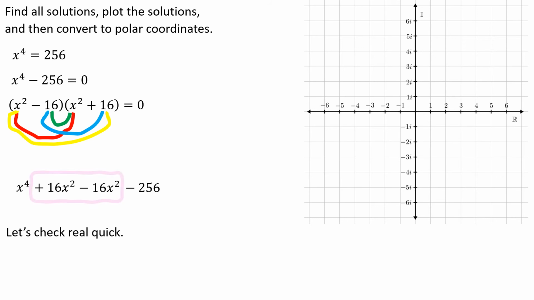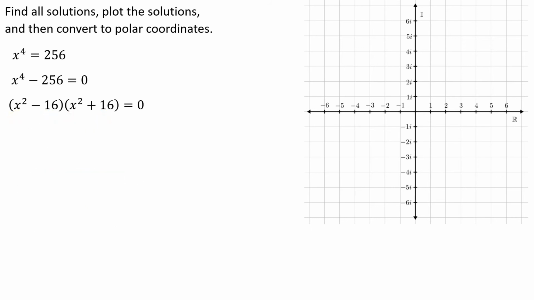All right, so just checking real quick with FOIL. Notice that O and I will cancel. So indeed, that is how it factors. It factors a little bit further. X squared minus 16 will factor into x minus 4 times x plus 4. The x squared plus 16 does not factor.